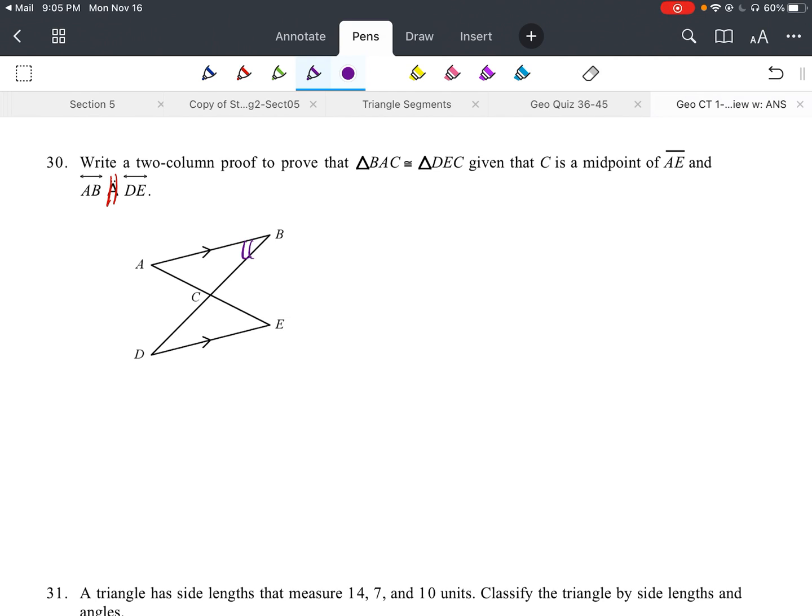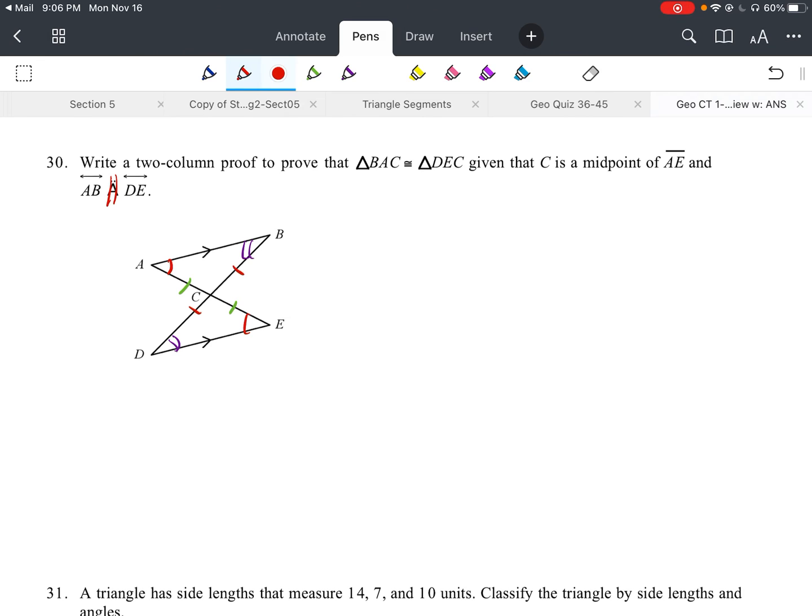Remember, we've seen this one before. This angle is congruent to this angle, and because they are alternate interior, and for the same reason, these are congruent as well. And if you wanted, you have the vertical angles as well. It also says C is the midpoint of AE, so if it's the midpoint, then AC and CE are congruent, as well as this and this.